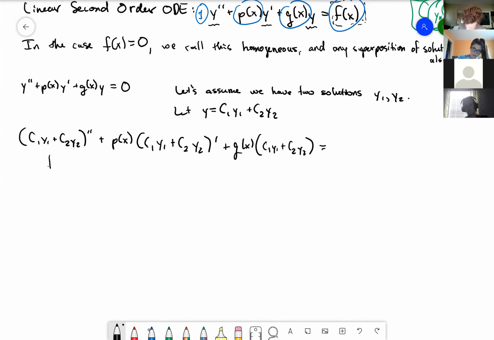So this can be very easily rewritten as c1 y1 double prime plus c2 y2 double prime plus p of x times c1 y1 prime plus p of x times c2 y2 prime.